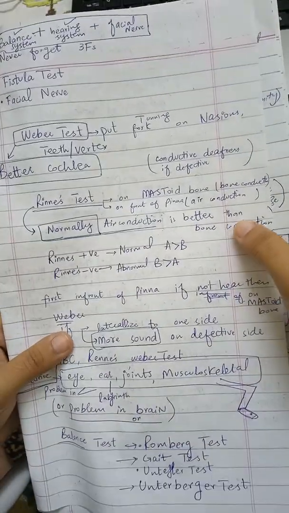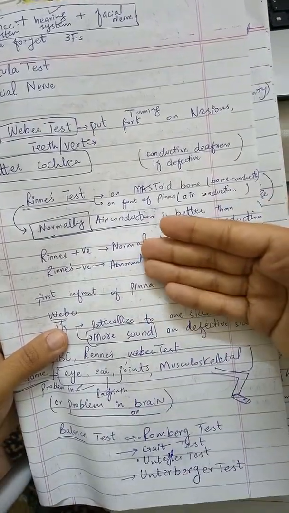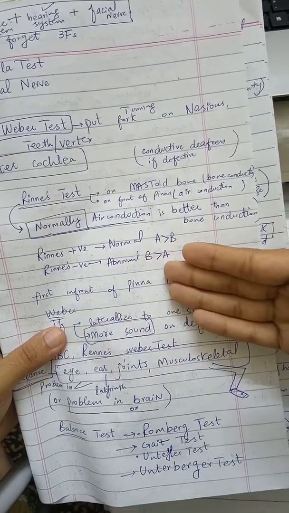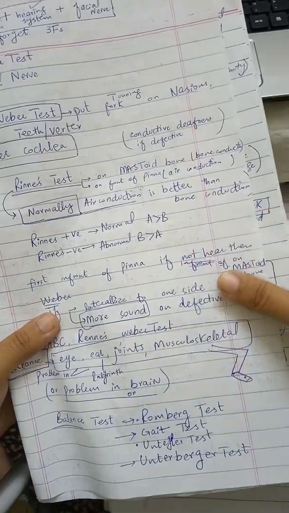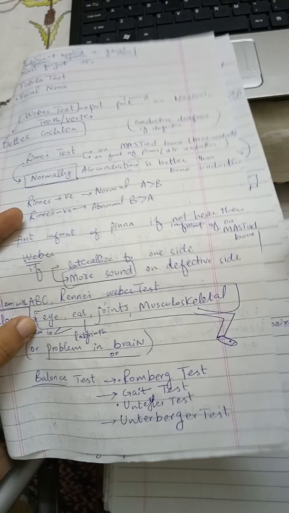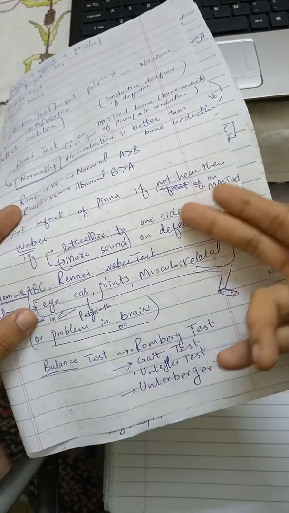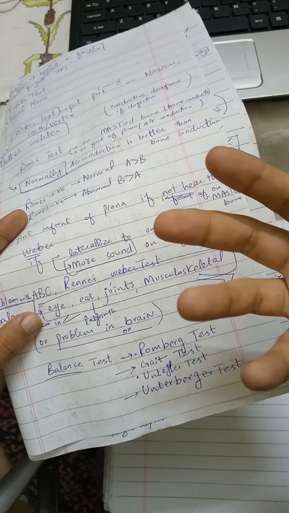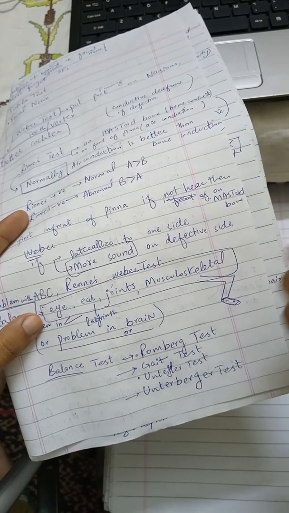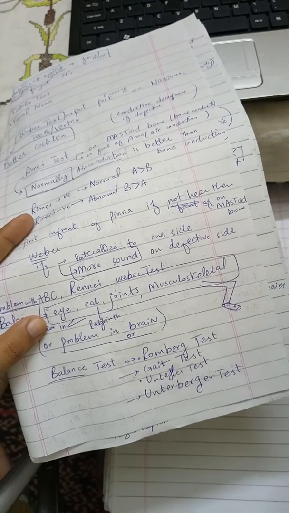Rinne's test is positive in the normal case, and Rinne's test is negative in the abnormal case, in which bone conduction is more than air conduction. And then the Weber test: Weber is lateralized to one side. If there is an abnormal Weber test, then we say that Weber is lateralized to the right side or the left side.